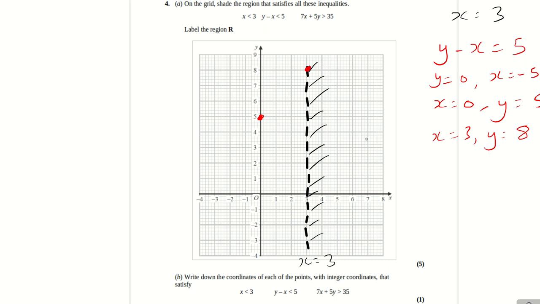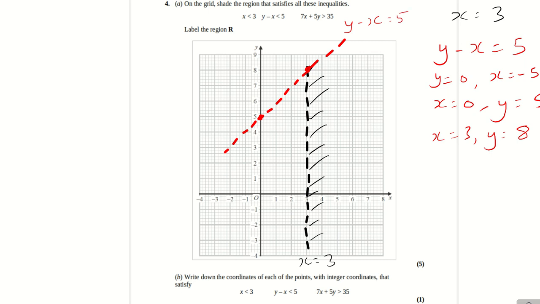So now we know that we need a straight line, and it's going to slope up to the right, and it's going to go through those points. So it's going to look something like that. And I'll label it as y minus x equals 5.